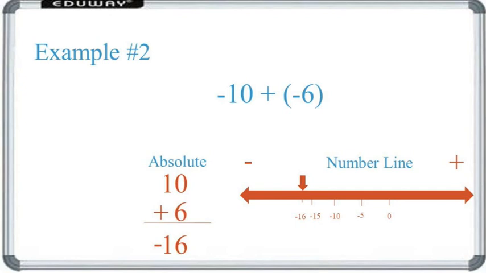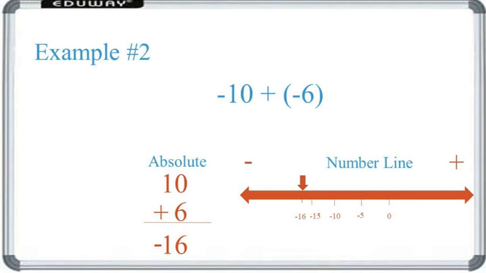Let's move on to example number 2. Example number 2, I have a negative 10 plus a negative 6. My signs are the same, my integers are the same. So if you remember, when the signs are the same, the rule said add the absolute values. So that means 10 plus 6.